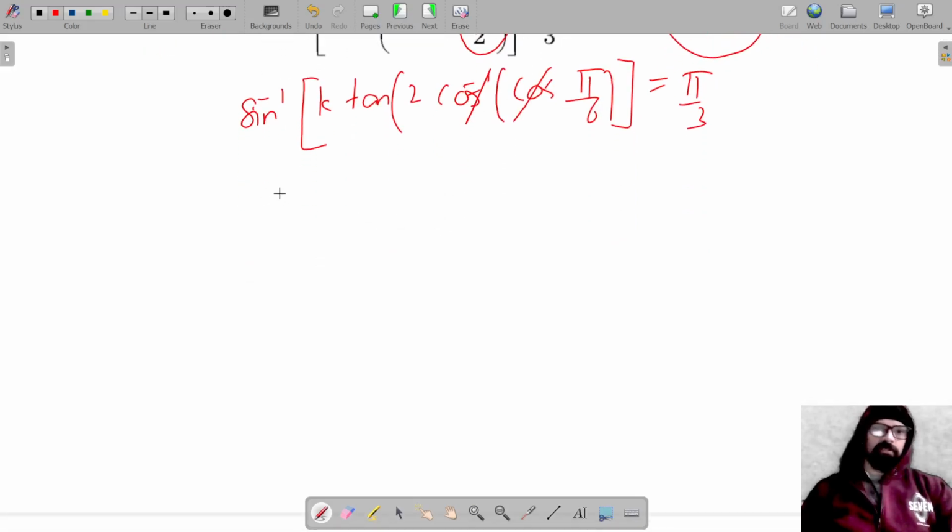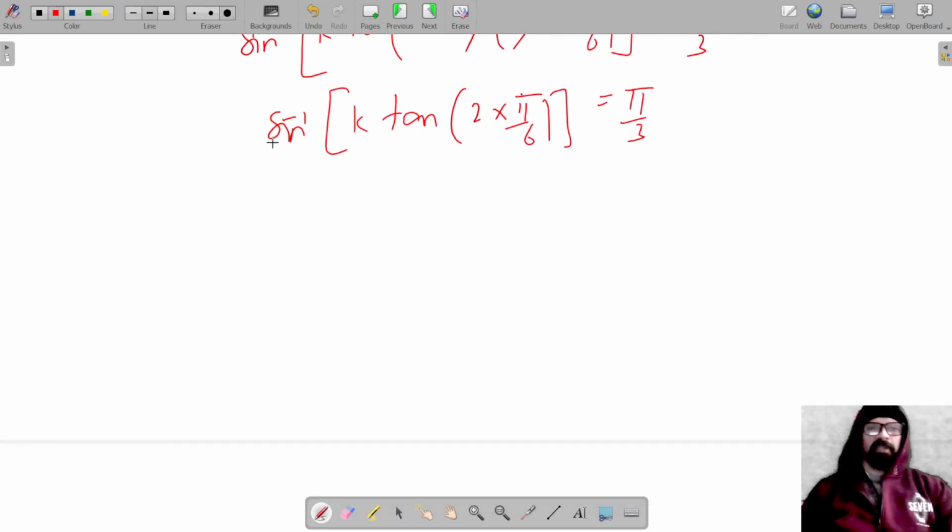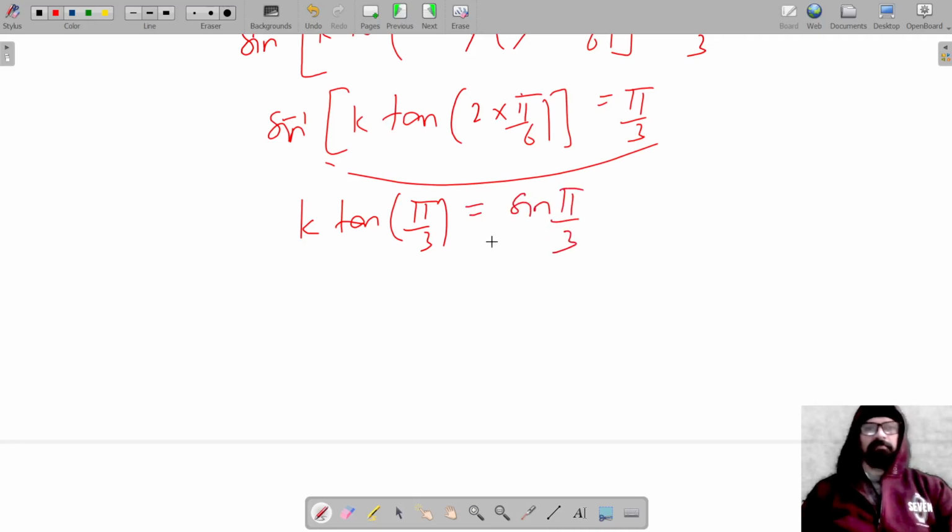Now, this is sine inverse k, and this is tan, sorry, 2 into pi by 6 is equal to pi by 3. Sine inverse when shifted to this side becomes, this is k tan of pi by 3 is equal to sine pi by 3.